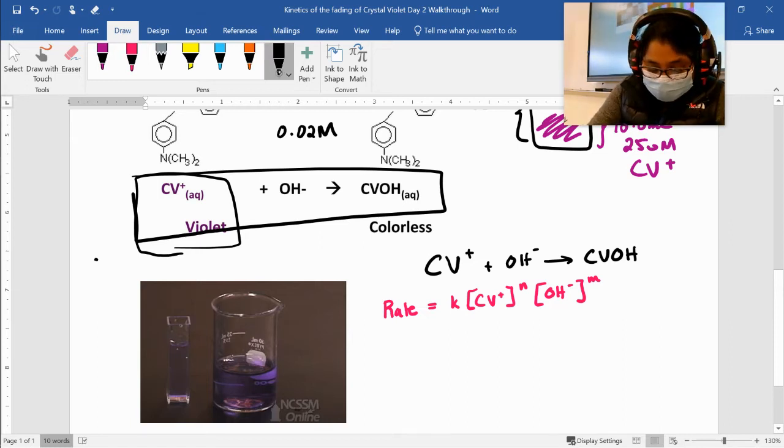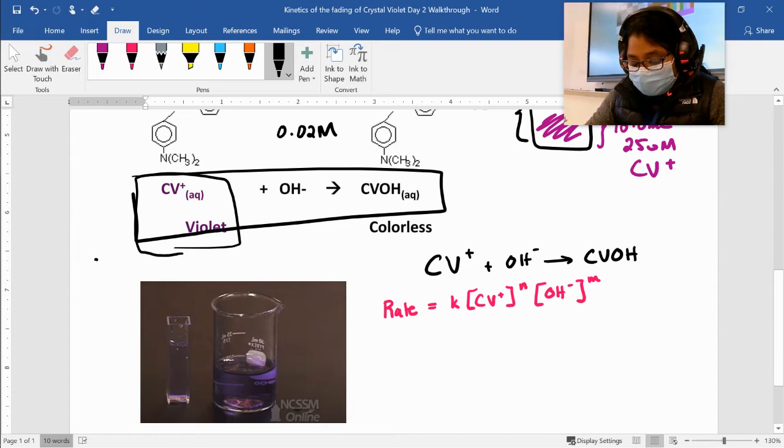However, there is a way to make this entire reaction's rate law depend just on CV. That makes it easier for us to do calculations and interpret data. The concentration of hydroxide is so high compared to the concentration of crystal violet that the change in the concentration of hydroxide is going to be negligible.